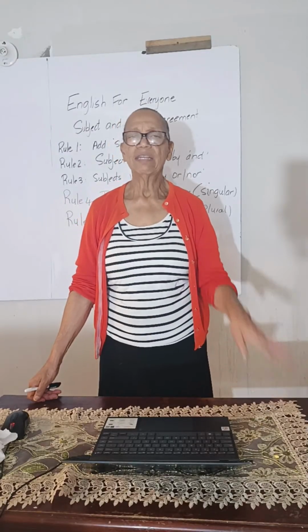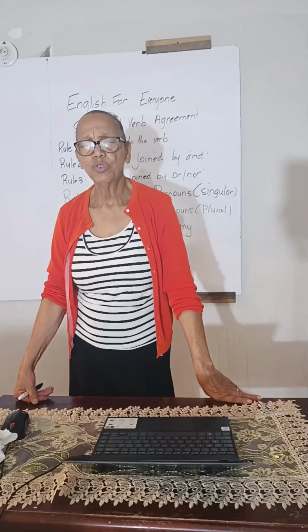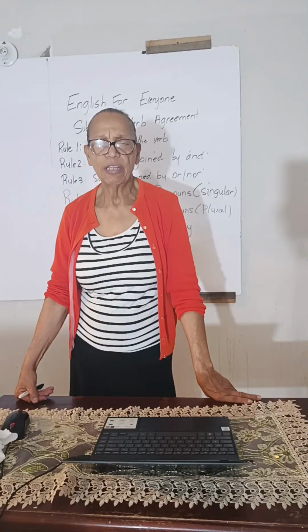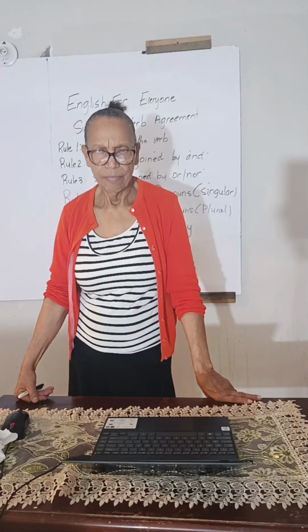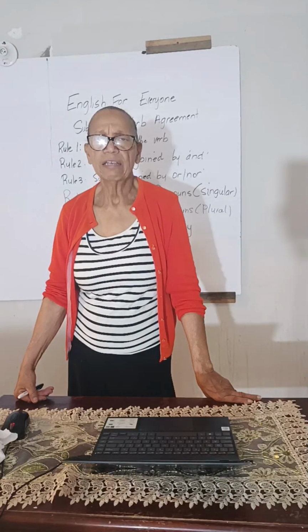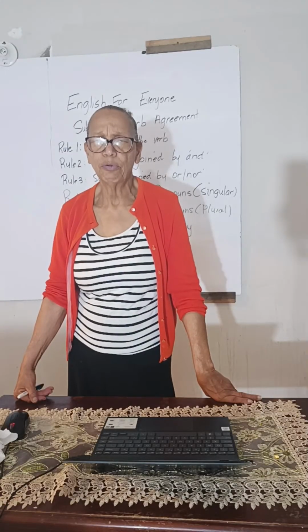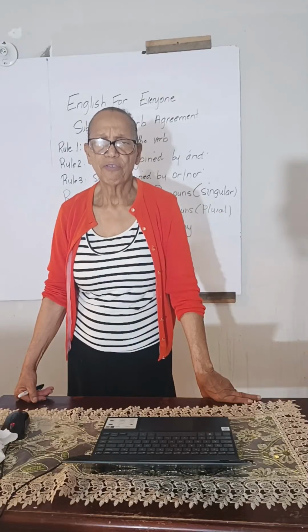All right, let me see if I can say that again. I showed you indefinite pronouns. Everybody, each, one of, those are indefinite pronouns, and they mean one. Singular subject, singular verb.